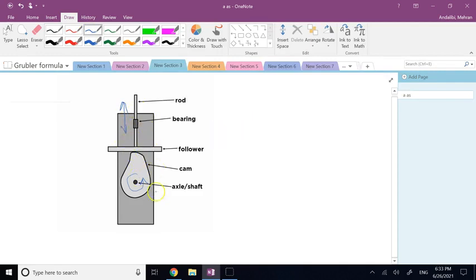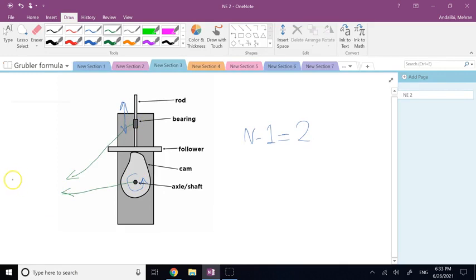If you want, you can call this block the engine block. You can call it the ground, fine. But all you need is the number of moving objects, which in this case is 2. Now you see here I have one low pair, which is a pivot, and I have another low pair, a prismatic joint.